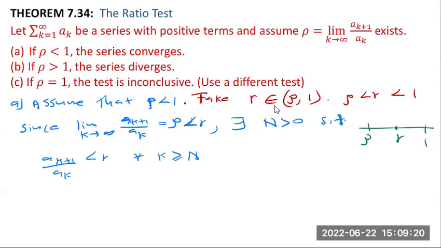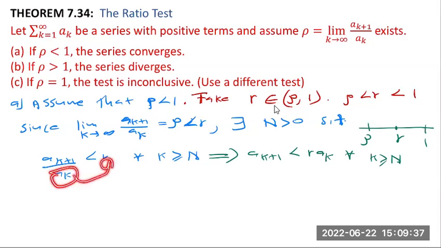So we have this. Now this implies a_(k+1) less than r times a_k for all k greater than or equal to n. I just multiplied this to the other side. Since this is a positive term, I can do that without switching the inequality sign.